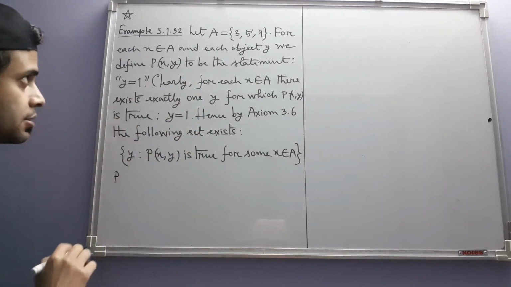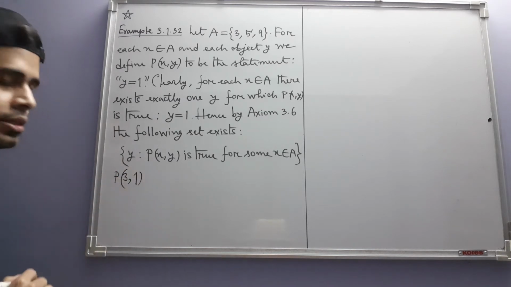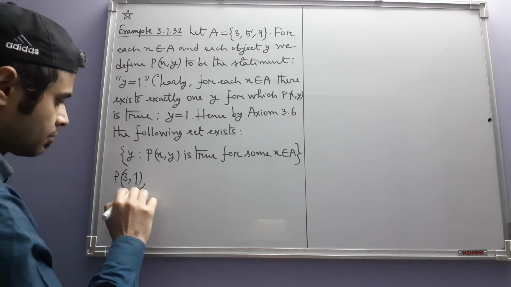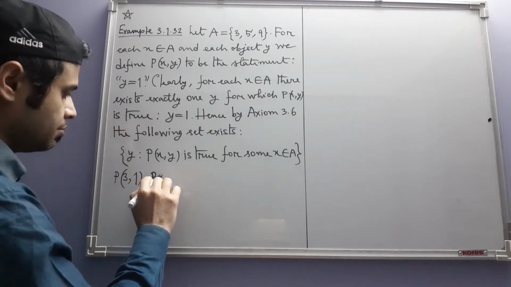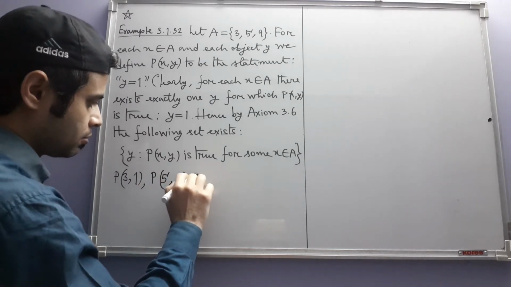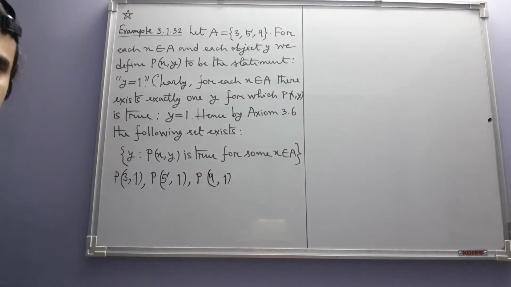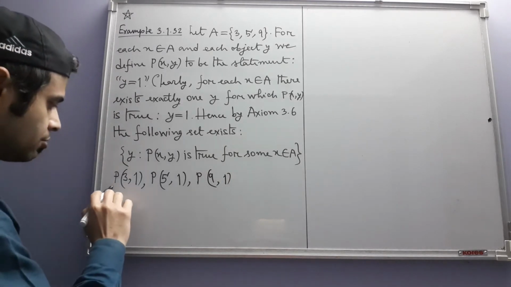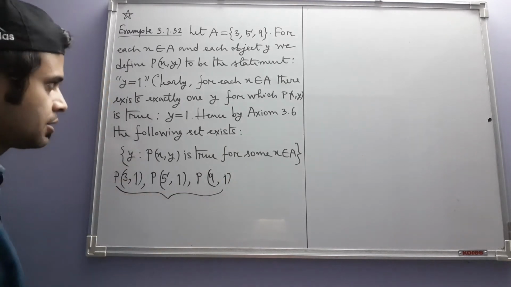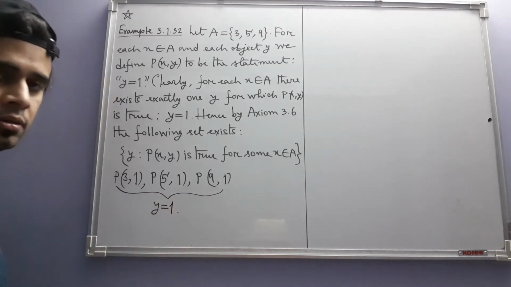When x is 3 and y is 1, this is true. And so are these statements: p of 5, 1, p of 9, 1. All of them are true because actually all of them are the same statement, and that statement is nothing but y is equal to 1.